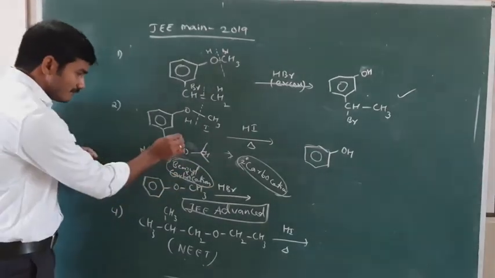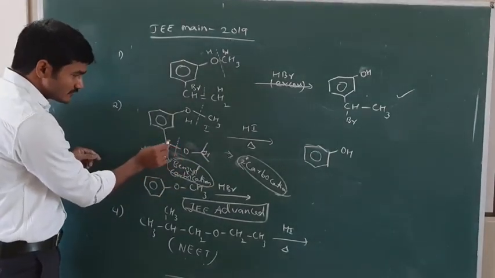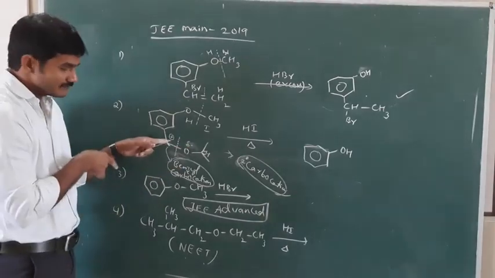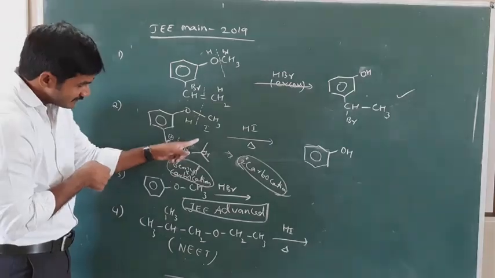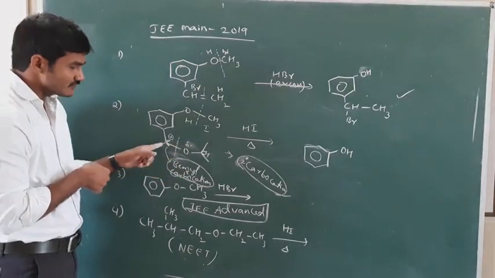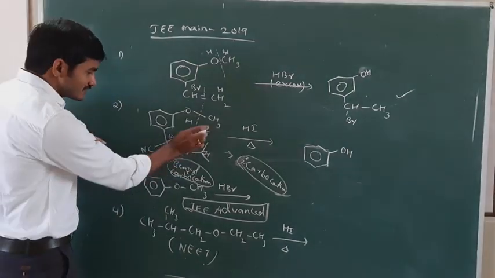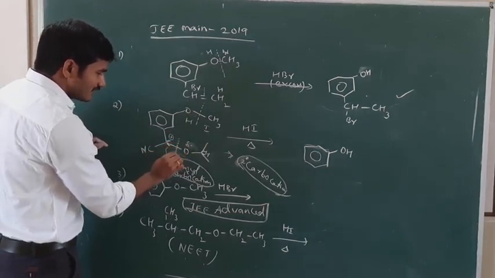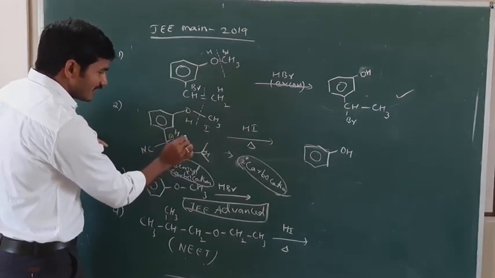Benzyl. So if I break here, the positive charge forms here, forming the benzyl carbocation. If I break there, I will get the secondary carbocation. This is more stable, so I write benzyl carbocation as the more stable one, and break here into H and I.